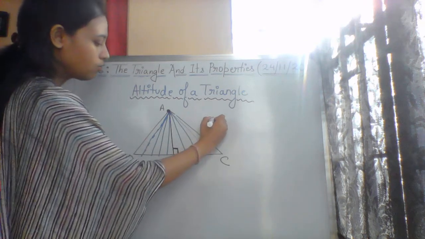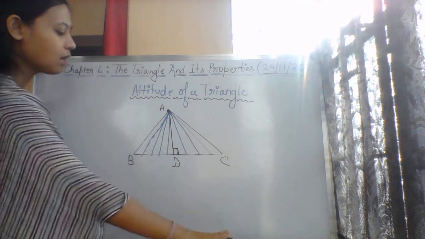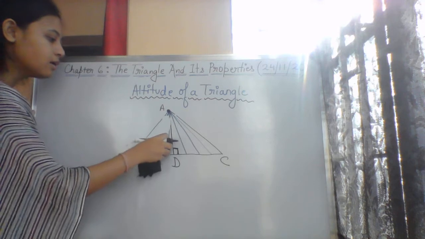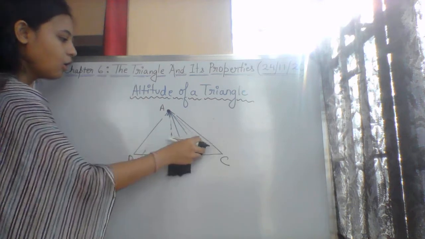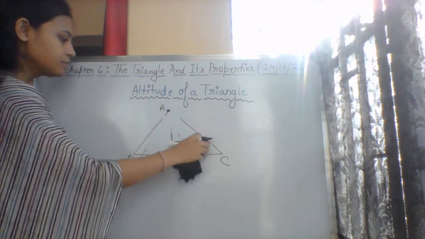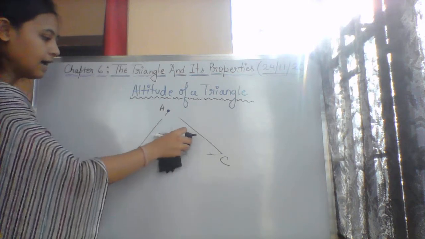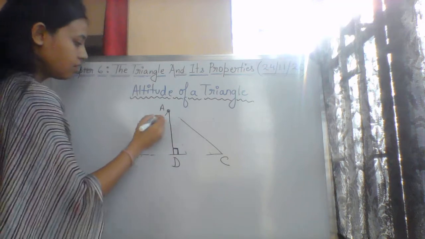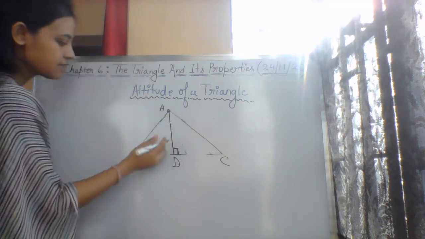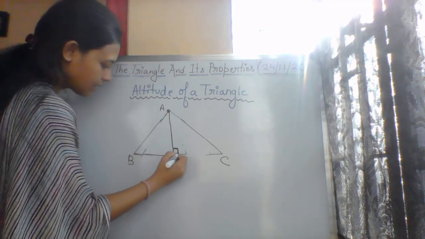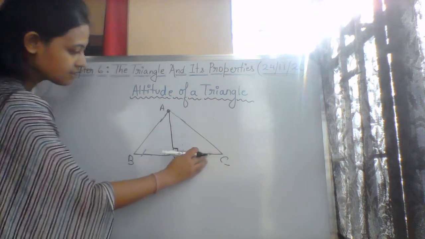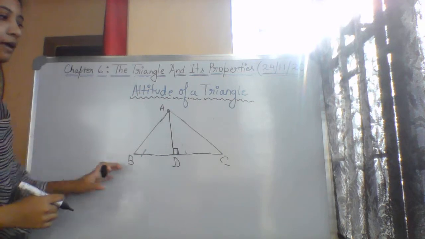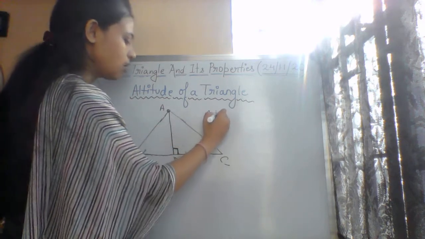Then only we will consider that as the altitude. Okay, so here what is the altitude? We are not going to consider all the lines joining the vertex and the opposite side. We only consider the line which joins the vertex and the opposite side and cuts the opposite side at 90 degrees. Then only will that serve as the altitude.